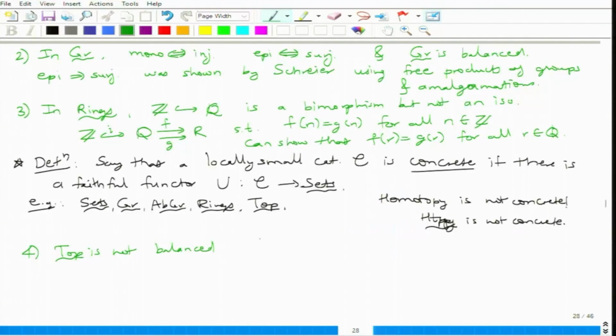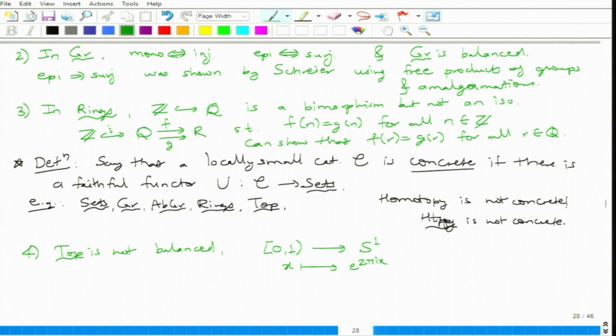You have another example? Closed 0, open 1 to the circle. This is better. R to the circle, you can do that as well. Wrap it many times, but we want some bijection also. So this mapping to S1, x mapping to e to the 2 pi i x.